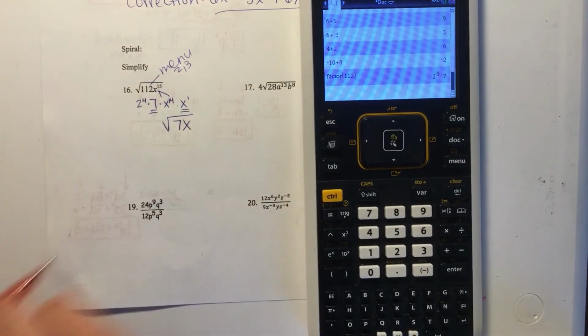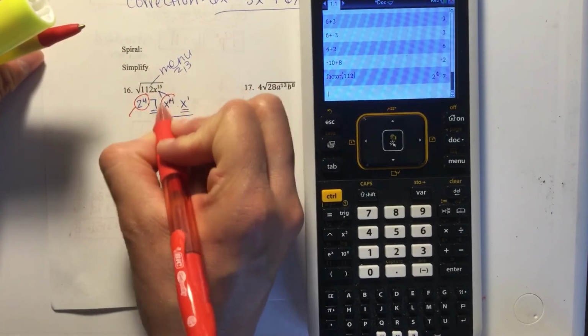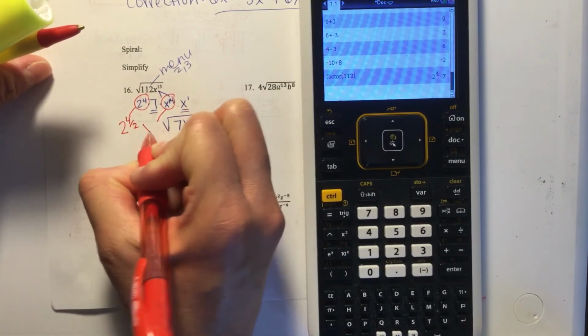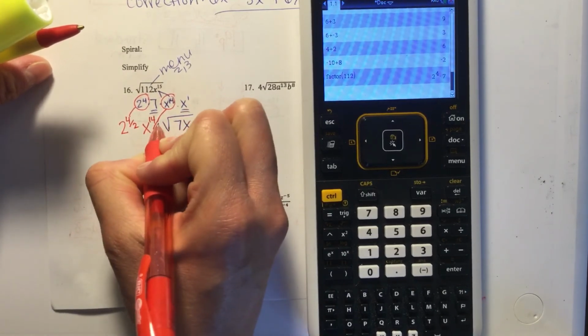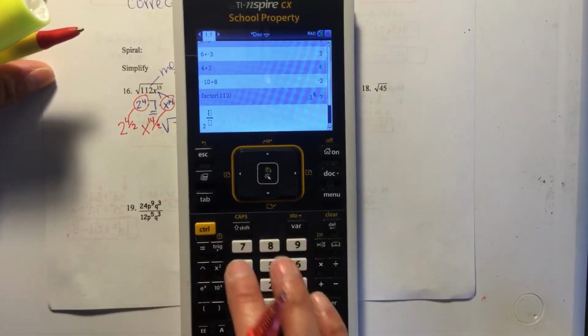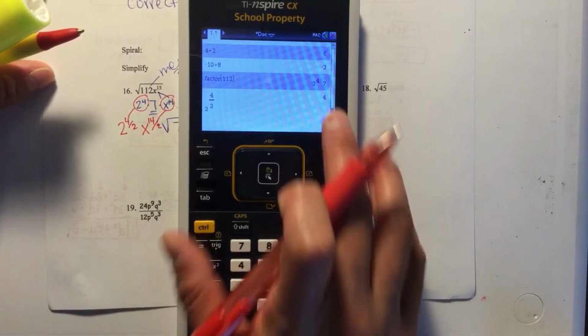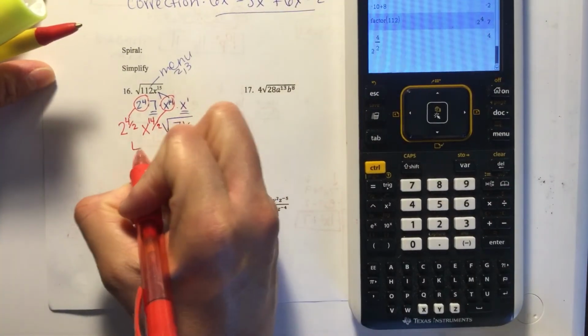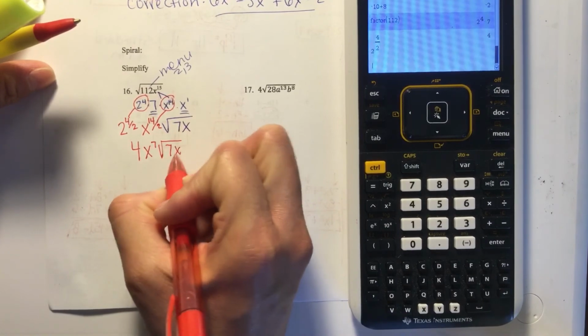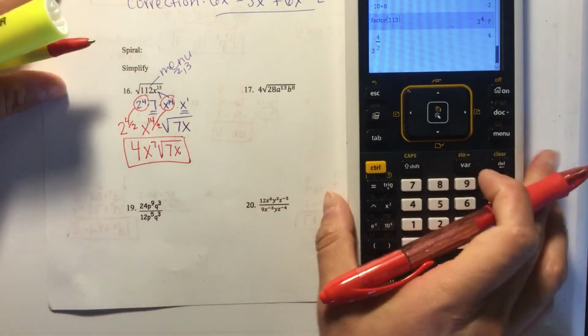And then these are going to come out, and you're going to divide the exponent by 2. So 2 exponent 4 divided by 2 simplifies to 4. Divide the exponent, x to the 7th, radical 7x, and you're done here.